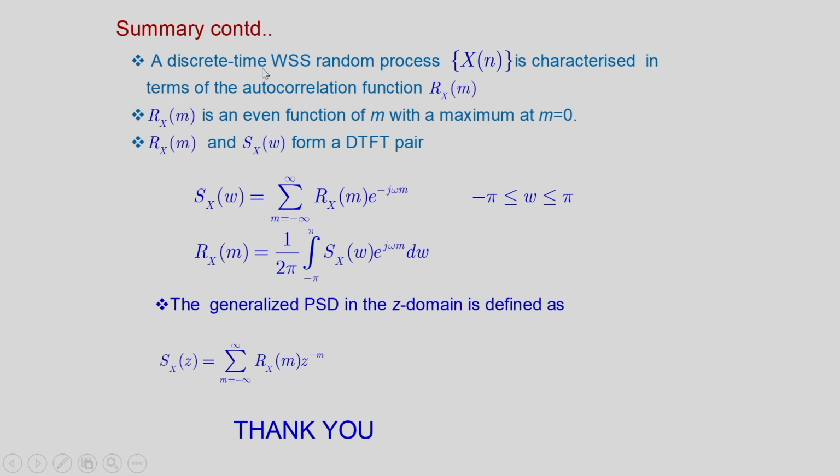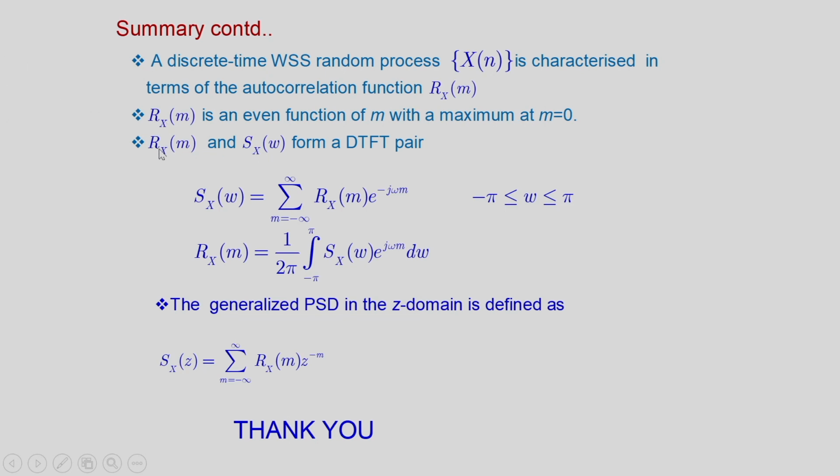Also, a discrete time WSS random process x of n is characterized in terms of the autocorrelation function Rx of m, because the mean is constant anyway. Therefore, this autocorrelation function Rx of m characterizes a discrete time random process. Rx of m is an even function of m with a maximum at m equal to 0. We proved that Rx of m has a maximum at m equal to 0 using the Cauchy-Schwarz inequality.